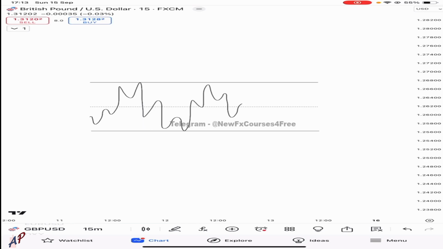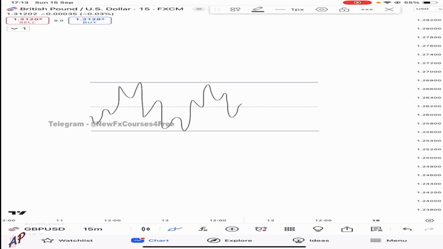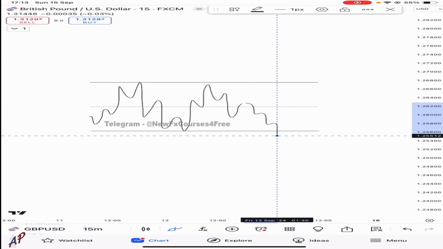Now, this model is a controlled model, so you are engaging price exclusively at the high, the low, and the equilibrium. Yes, the equilibrium too, because one type of entry is price manipulates down into the range low. You buy this with a clear invalidation, and invalidation can be either an intermediate-term low, in this case to the left.